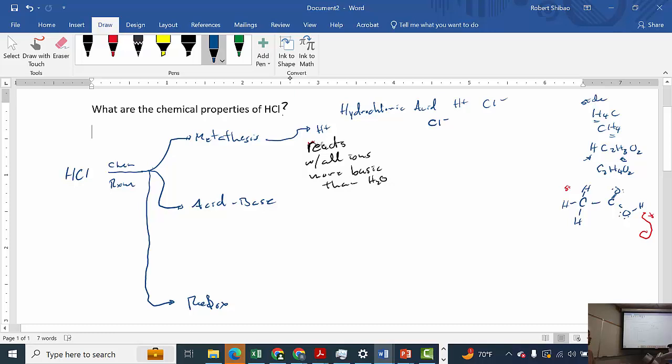So does chloride combine with any cations to form a gas? You would think it could combine with H plus, but H plus and Cl minus are separate. They don't even come together. They can come together.